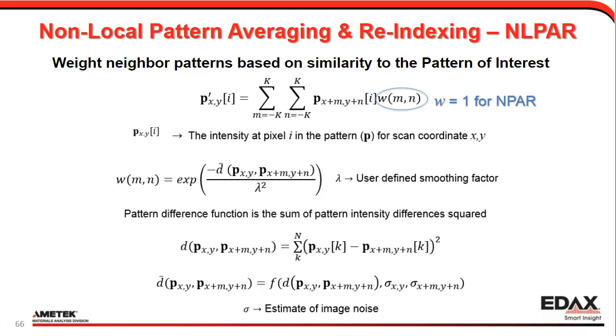So in work done by folks at the Naval Research Lab, I thought I had the reference here, I'm sorry, I missed that. This is from the paper, and this is the math from it, and the key is that we're going to include larger kernels in our averaging, but we're going to weight them according to their difference from the pattern at the center.